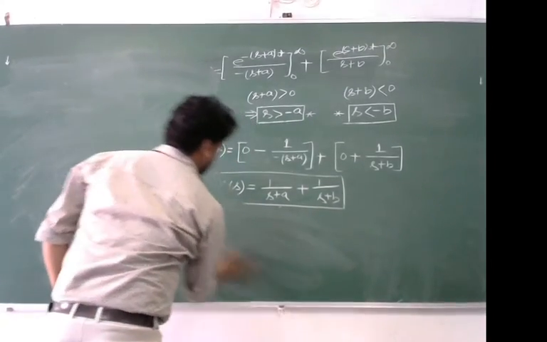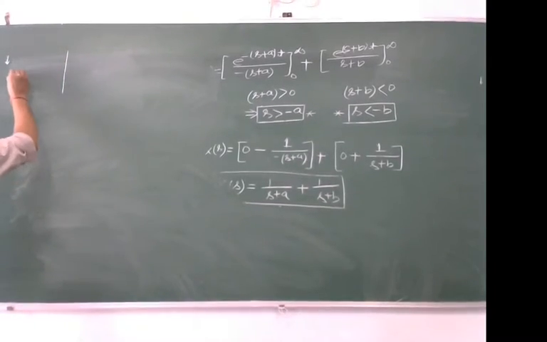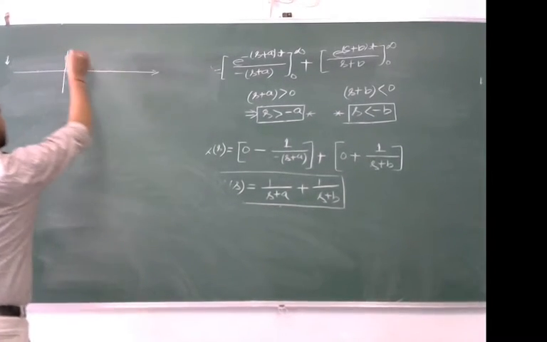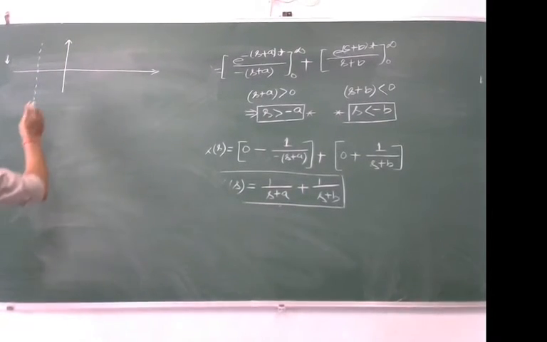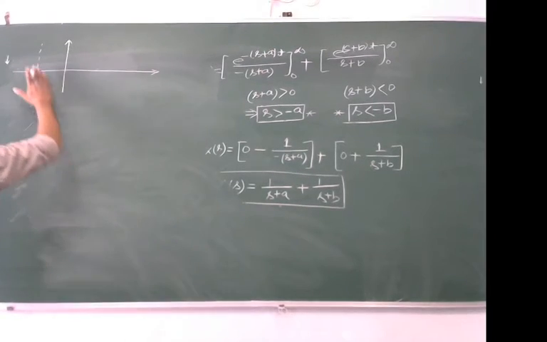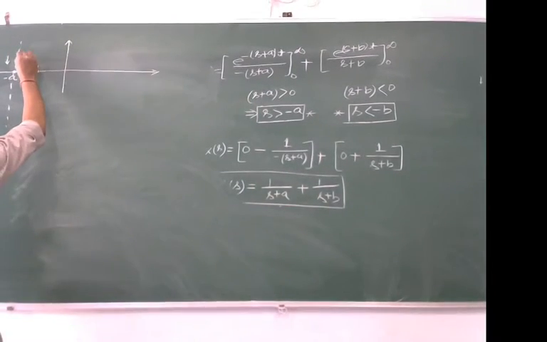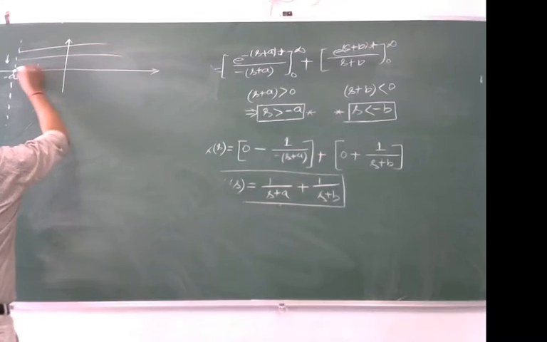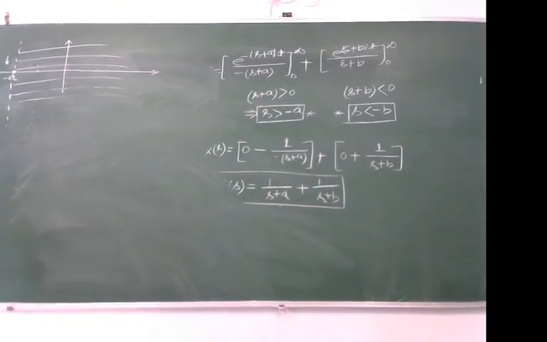From here, the first case says that s should be greater than minus a. Suppose minus a is here. So the value of s should be greater than minus a, means s should lie in this sided region.